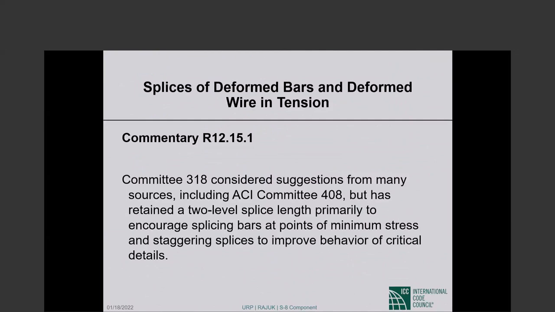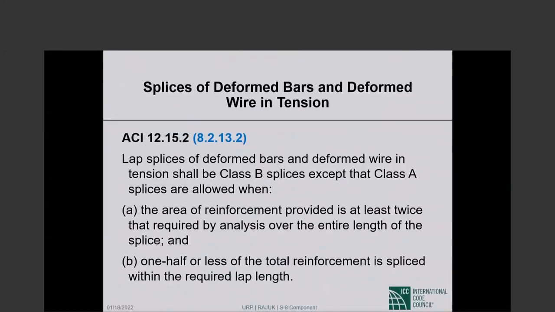Okay, this is saying that a lot of people have told 318 that two classes of splices don't make any sense, but we continue to maintain them for reasons that are given.